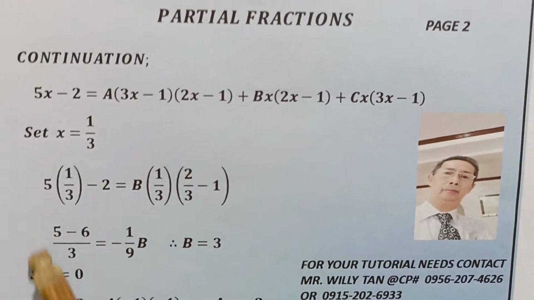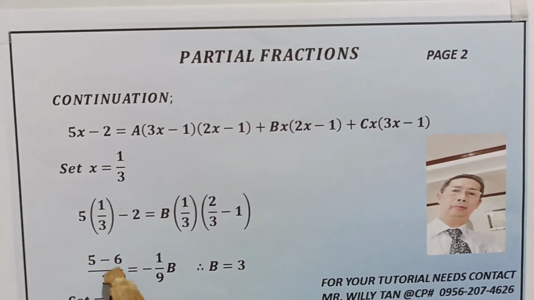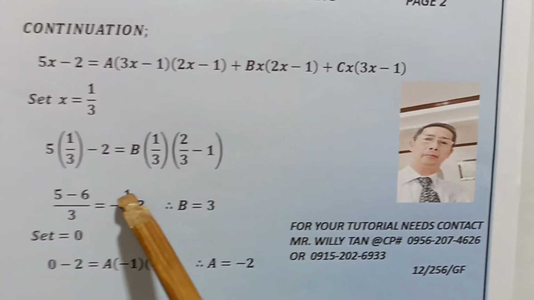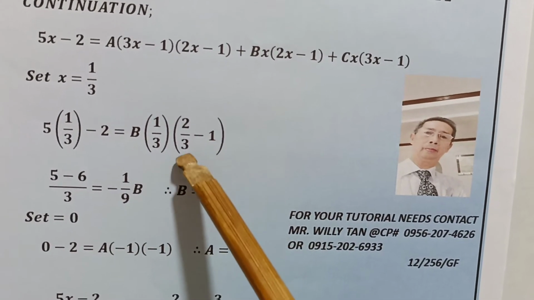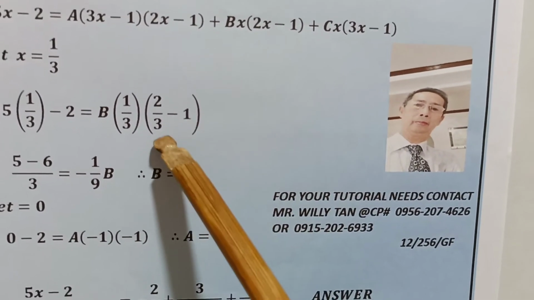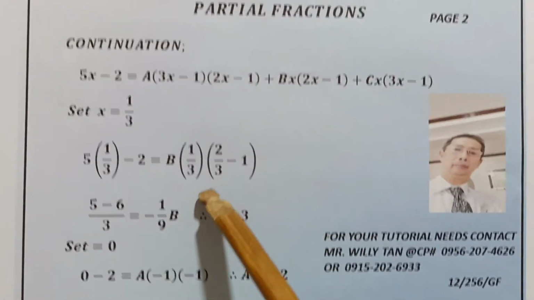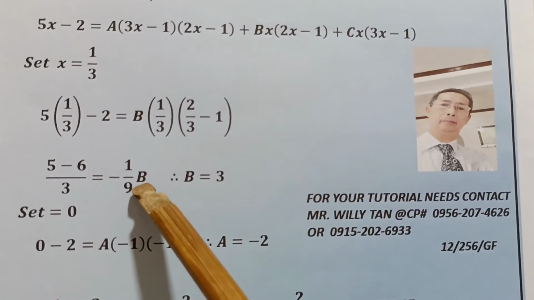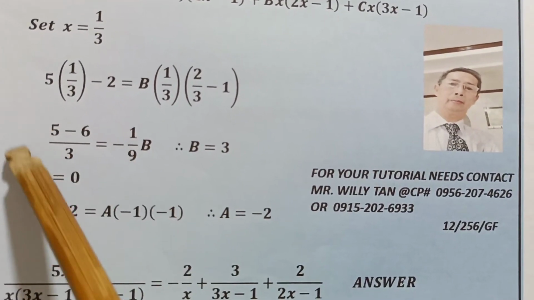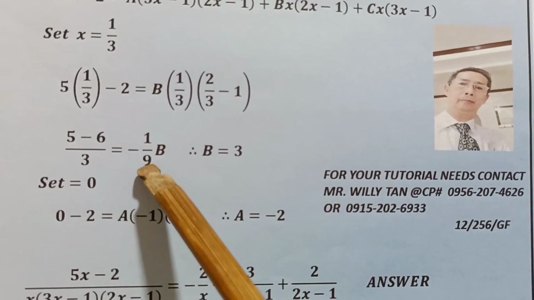So we work out this portion here. 5 minus 6 over 3 is equal to, this one is 2/3 minus 3 over 3, negative 1/3. So this one becomes negative 1/9 b. And to get the value of b, we multiply the whole equation by 9.